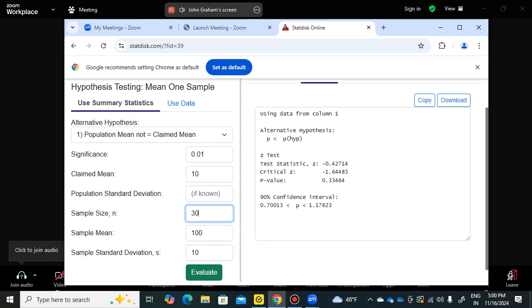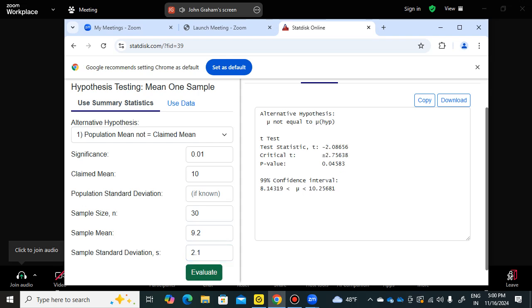Sample mean is 9.2. And sample standard deviation is 2.1. Evaluate. We get a test statistic equal to -2.09. Critical values are plus and minus 2.76. And the p-value is 0.045.